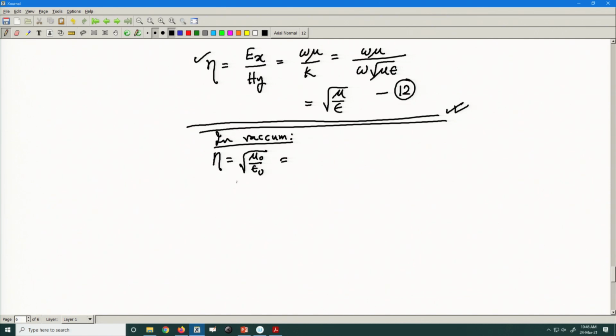When I substitute for mu and epsilon in vacuum, that is approximately equal to 377 ohm.